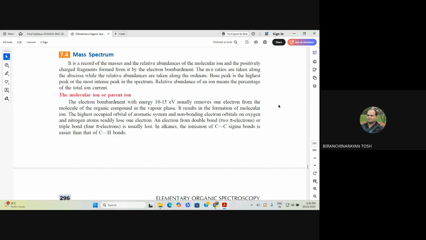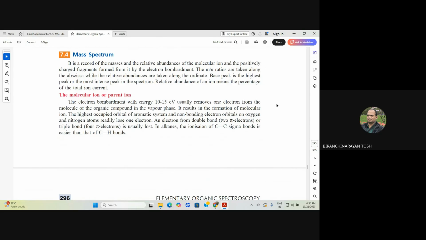The highest occupied orbital of an aromatic system and the non-bonding electron orbitals of oxygen and nitrogen atoms readily lose one electron. An electron from a double bond, that means 2 pi electrons, or a triple bond, 4 pi electrons, is usually lost. In alkanes, the ionization of a CC sigma bond is easier than a CH bond.